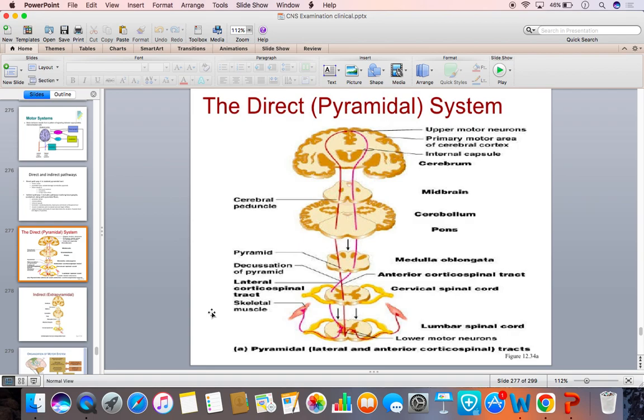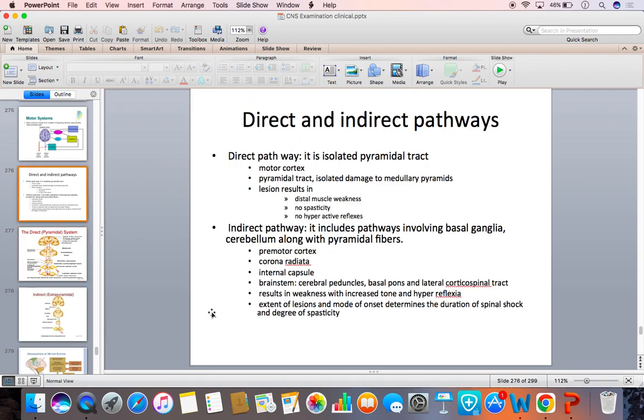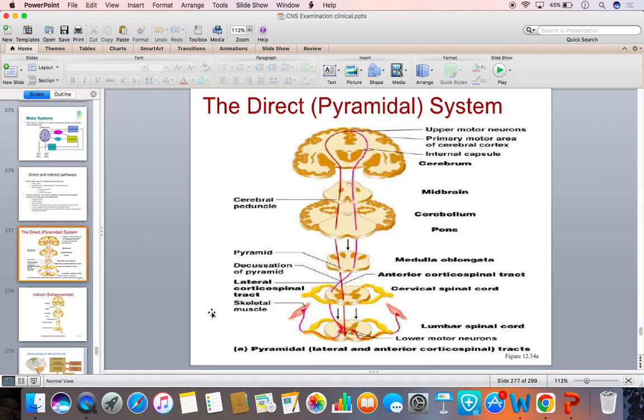As I told you in the previous slide, without involvement of the other pathways, basal ganglia or cerebellum, it is the direct pyramidal pathway or direct system. Pure pyramidal system, you can say.